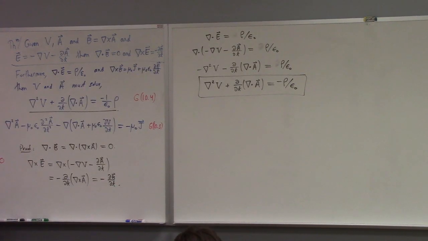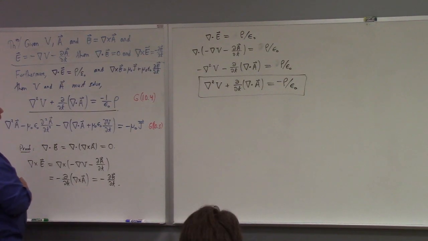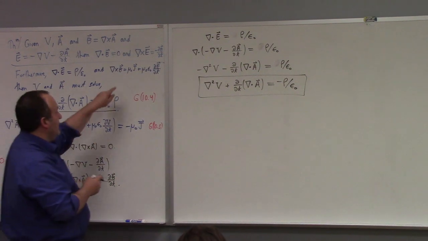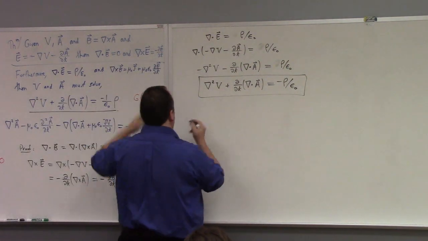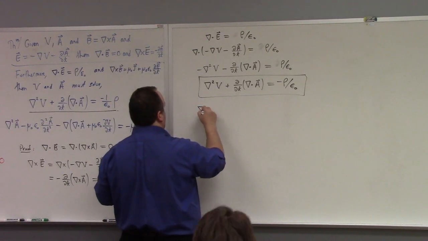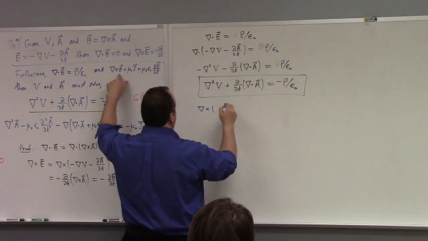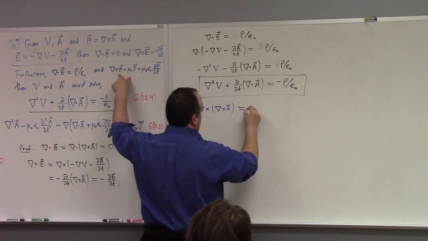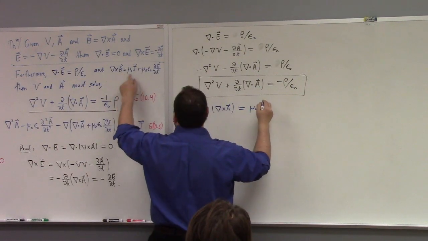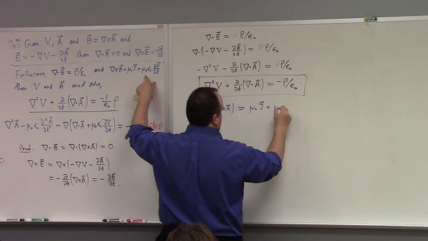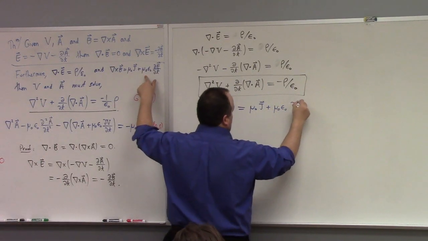And then what do we have left? This guy. Next, I'll do in blue. The curl of B, which was the curl of A, is equal to mu naught J plus mu naught epsilon naught partial E partial t.